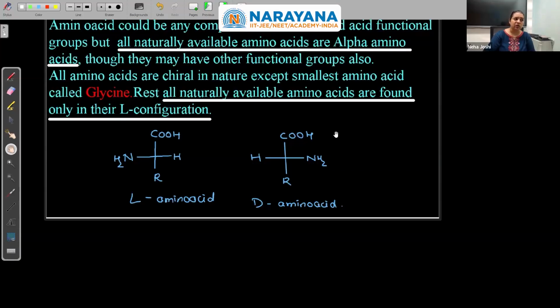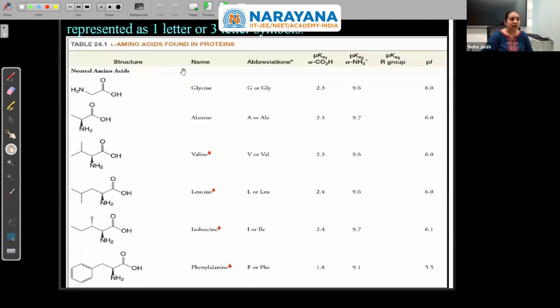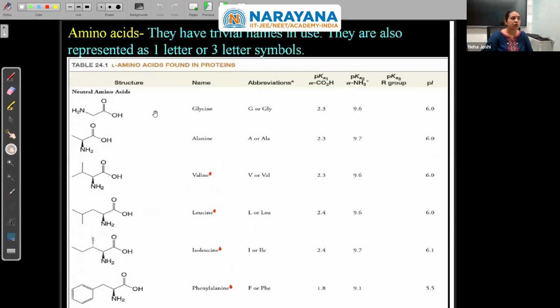If it has it on the left, then we'll call it L sugar. Right? This is what we did yesterday. Now here, if we want to use it the same way, in case of amino acids, we say that the alpha positioned NH2 group, if it is on the right hand side, then D amino acid. If on the left hand side, then it is an L amino acid. Okay.